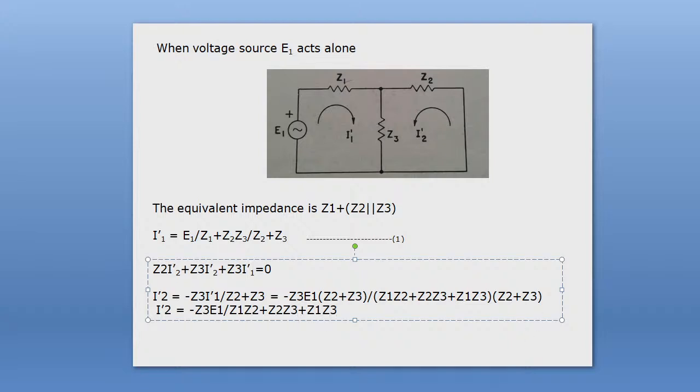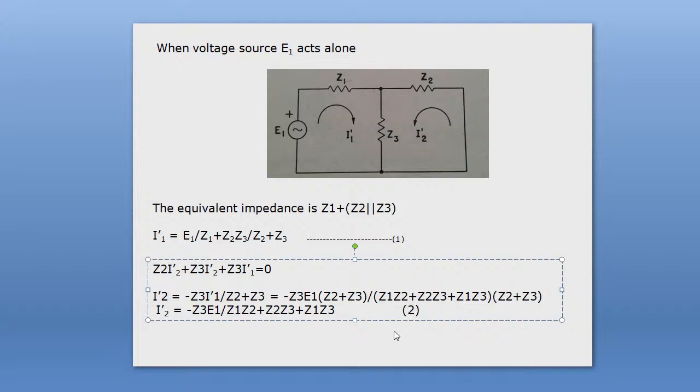So everyone, please see the expression of I1 dash and I2 dash. This you write as equation 2.